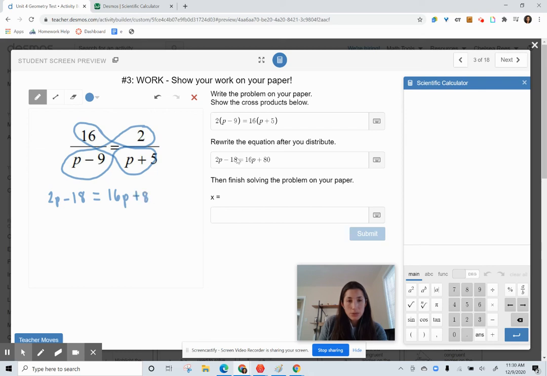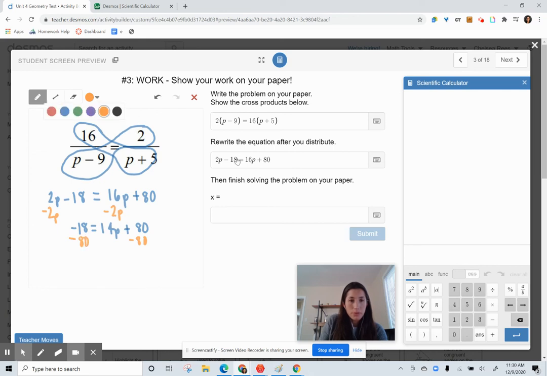From here we would need to put all of our p's, our variables, on one side. I'm going to subtract a 2p on both sides. 2p minus 2p is going to be 0. So this is going to leave us with -18 equals 14p plus 80. And then we would need to subtract the 80 on both sides so that we have all of our number terms on the other side.